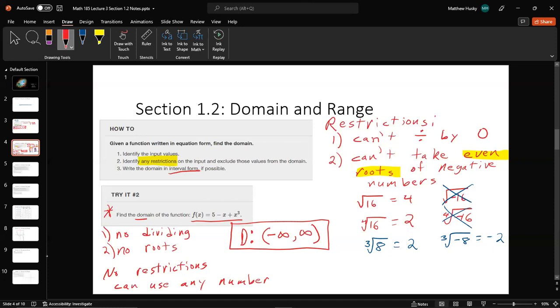You can put negative 10 billion in this formula. You can put 57,829 billion in this formula. Doesn't matter. Any number at all can go into that formula. There's no restrictions. And so the math way to say that, to get that idea across, it's written like this: negative infinity to positive infinity.